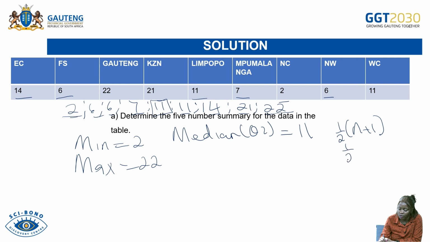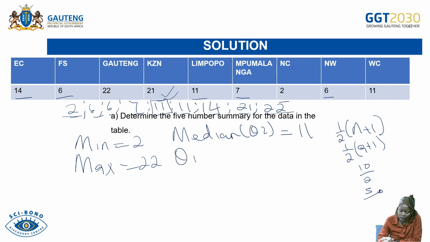It is 1 over 2 into the total number, which is 9, plus 1. Then it's 10 over 2, which is 5. So your median is in position 5. Let's double check: 1, 2, 3, 4, 5. Yes, it's in position 5 and it's 11.